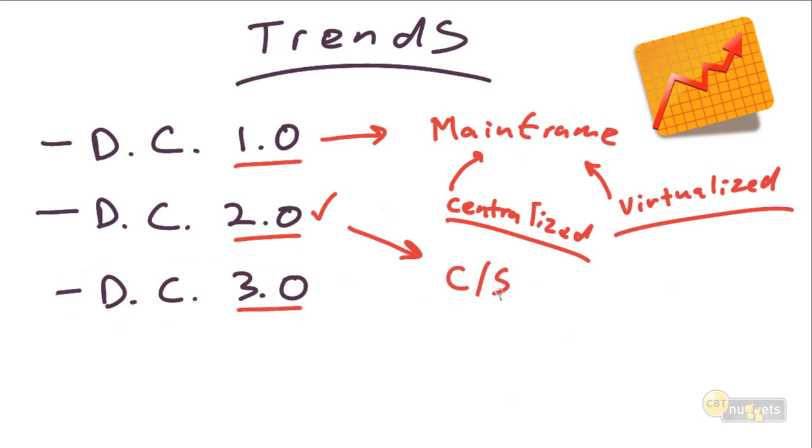Now, in Data Center 2.0 type of technologies, there was an evolution to client server environments, right? You would have a server that had a ton of information on it, and then you would have a client that would have some of the processing power and information on it, and these two would share the load in a client server type environment. By the way, this didn't happen in the early mainframe environment, right? The machine that was accessing the data was called the dumb terminal.